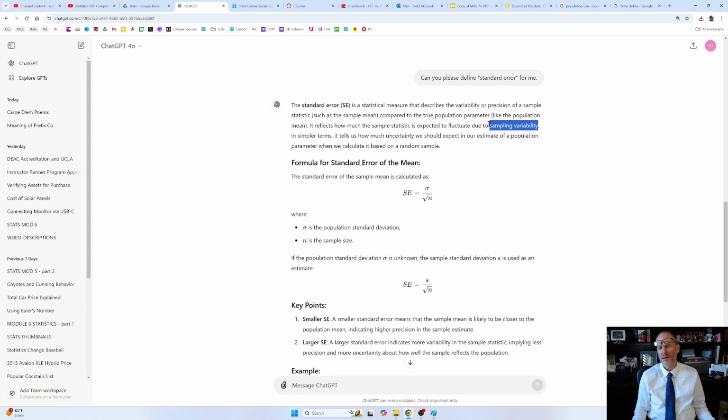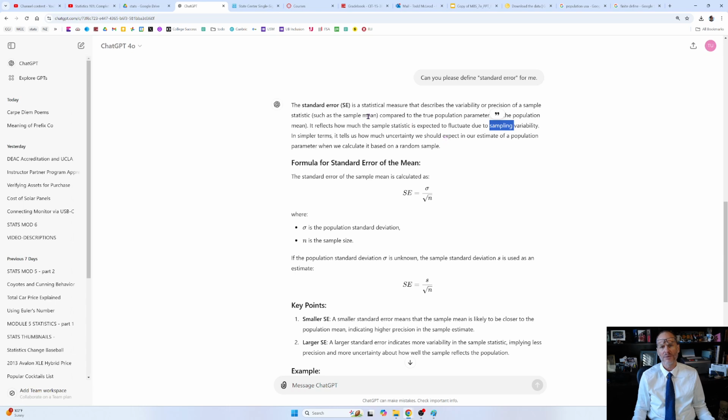Who we got in our sample this time can change a statistic like the mean, right? The mean that shows up in our sample, we want that to reflect the true population mean. That's known as a population parameter, and a sample statistic. So you can start tuning into the vocabulary being used here. The sample statistic is going to estimate the population parameter, but there's going to be variability in our sampling.